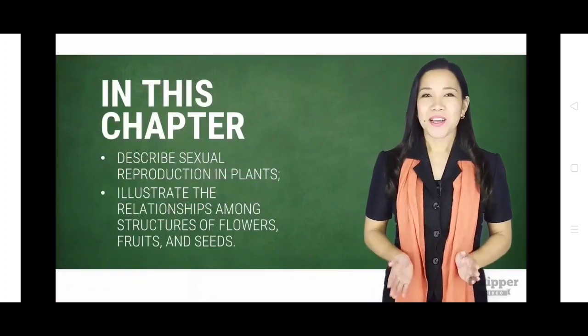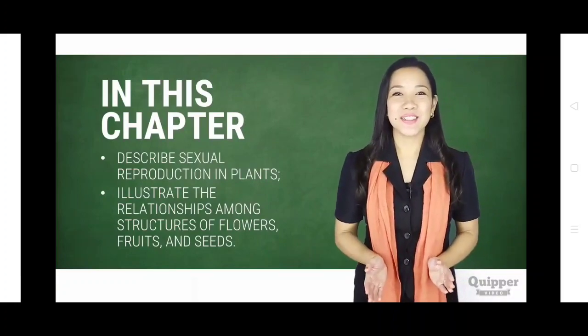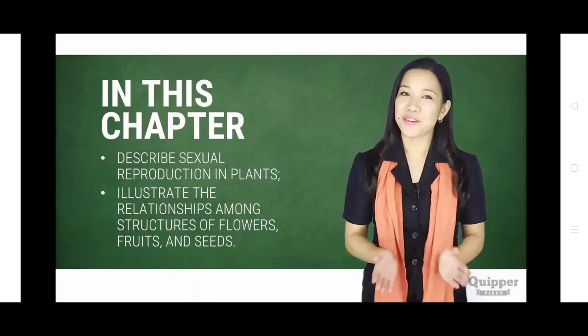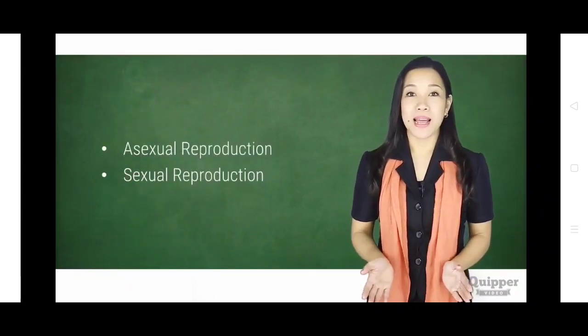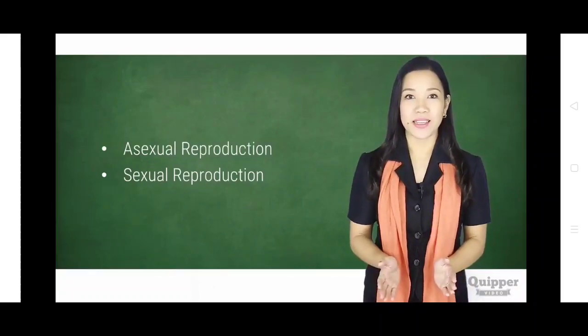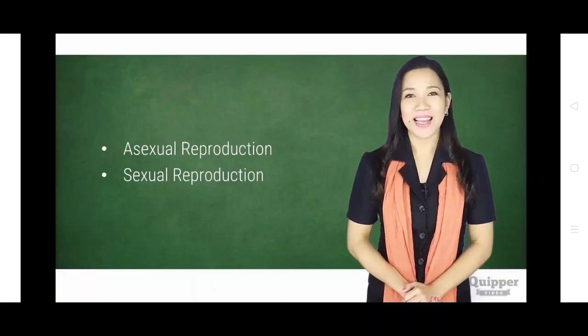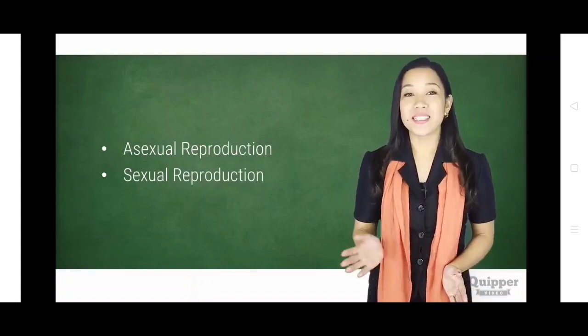In this chapter, you will describe sexual reproduction in plants and illustrate the relationships among structures of flowers, fruits, and seeds. Remember that plants are generally classified into two groups based on their mode of reproduction. Plants can reproduce either asexually or sexually.